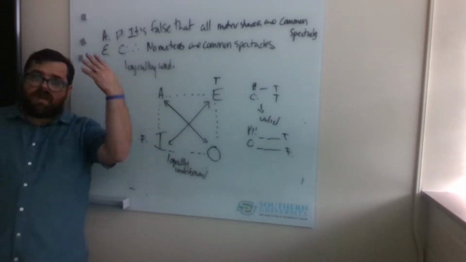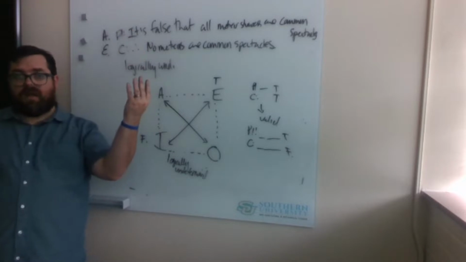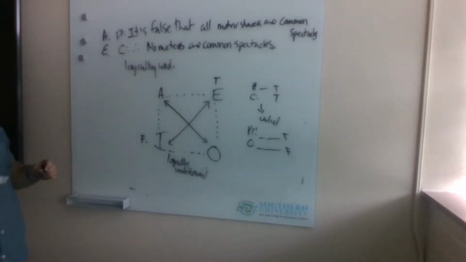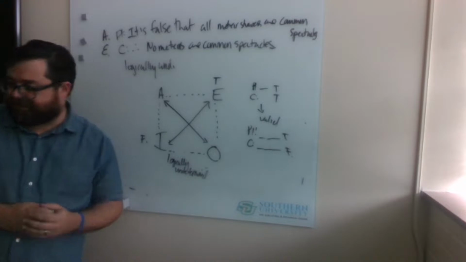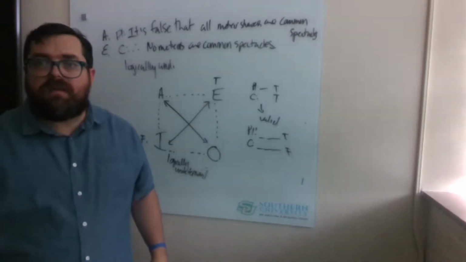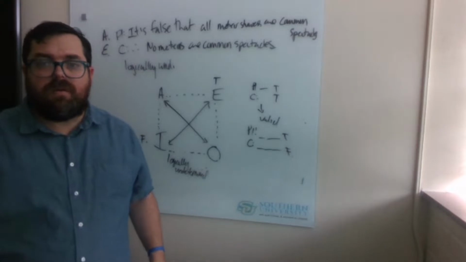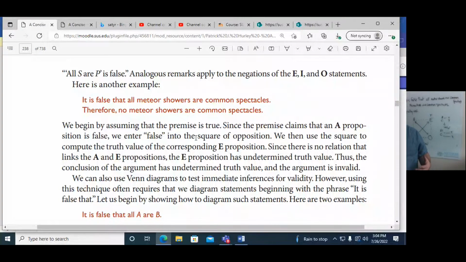And in the homework, there's going to be several examples of these problems. So now let's go through one or two sample problems in the homework. We can actually take a look at the book here. Now we begin by assuming the premise is true.